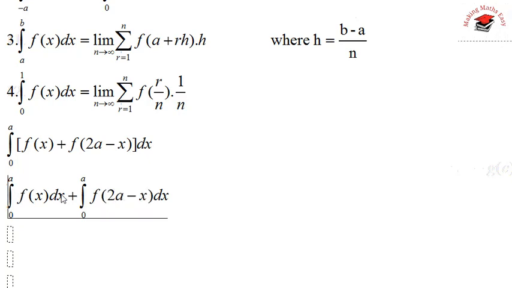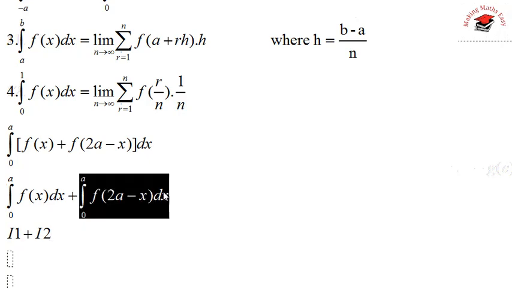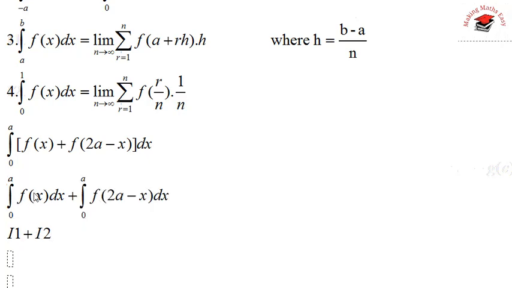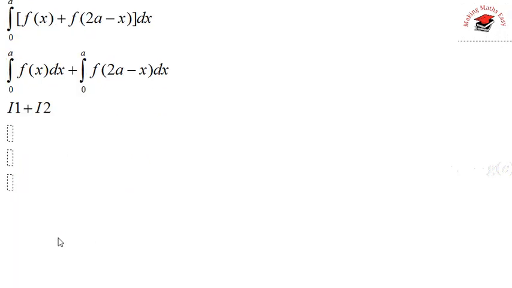Now this part we will keep as it is, and this part is equal to I1. We will write capital I1 plus capital I2. This part is I1 and this part is I2. So first of all we will take I2.